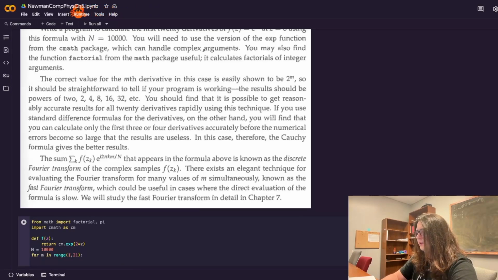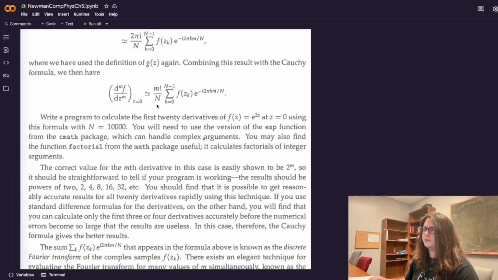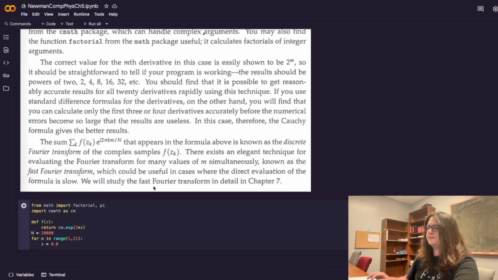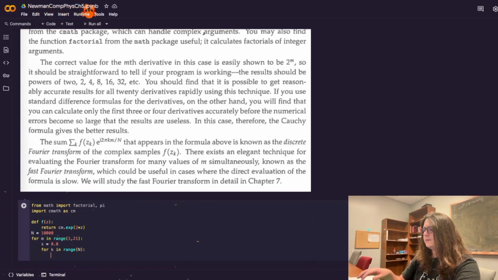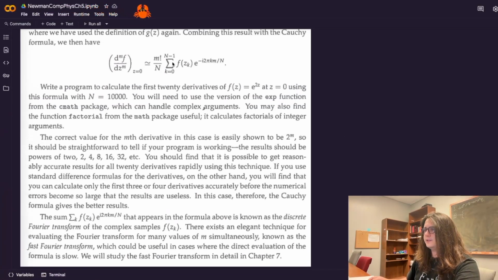And in here, we're going to create a sum, which is going to start with value equals 0, because this formula involves a sum over k, so k in range, this one just goes to n. And in here, it's the sum of f of zk.